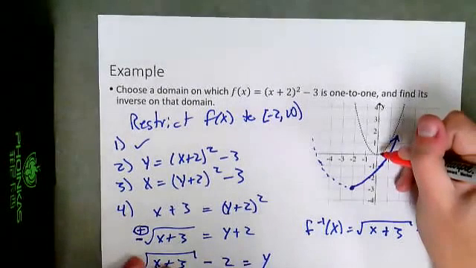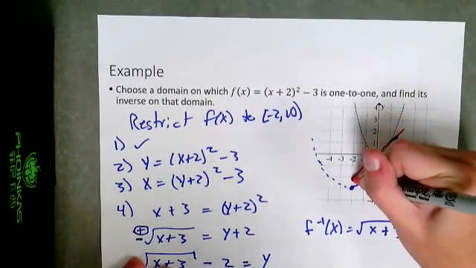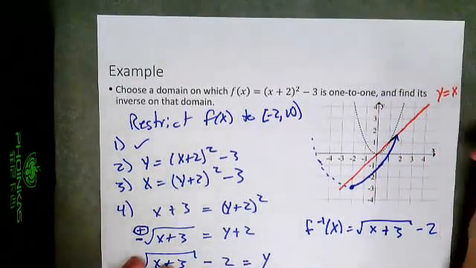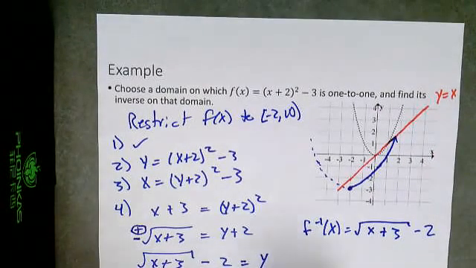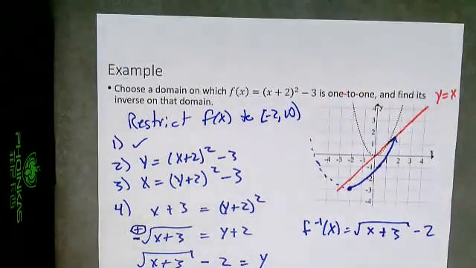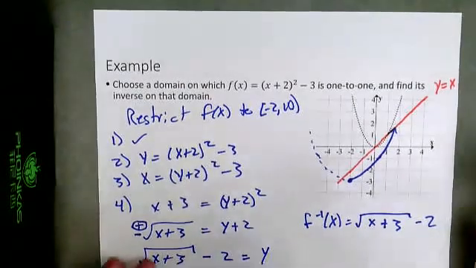Also, if you draw the y equals x line, our inverse is going to be this function reflected over. So it's going to be what?